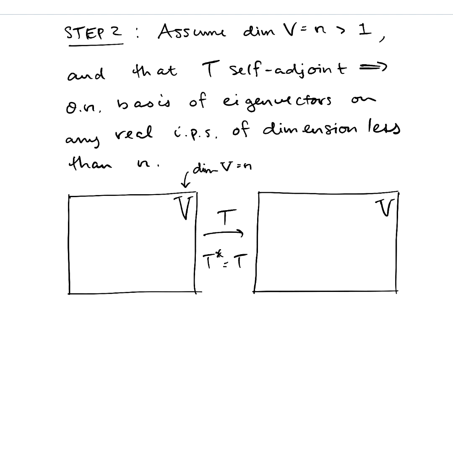We know that since T is self-adjoint, T has an eigenvalue. So since T star equals T, there exists v in big V such that T acting on v equals lambda v. In other words, there is an eigenvalue with some corresponding eigenvector.